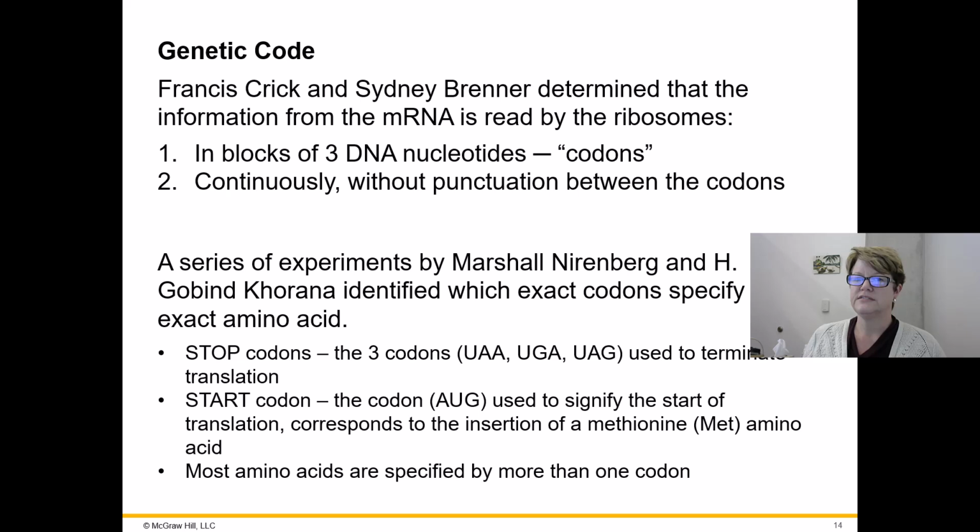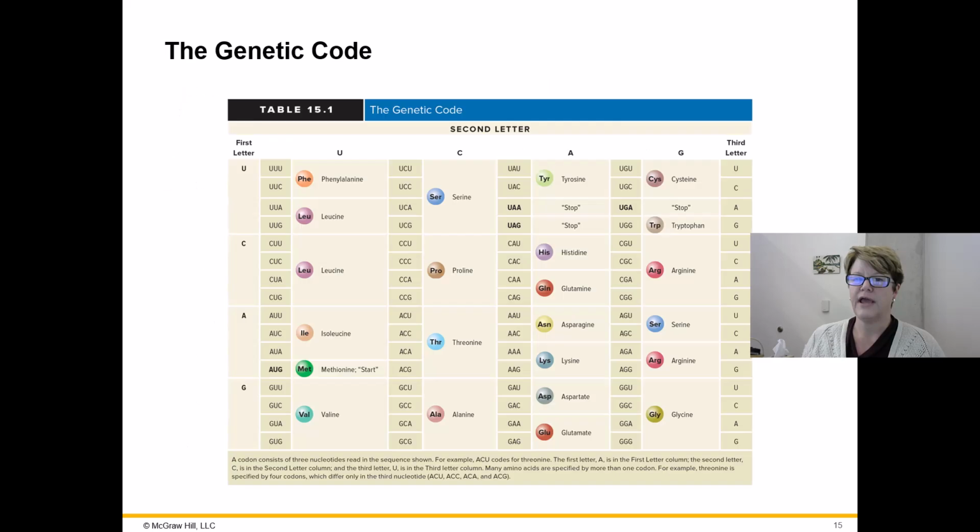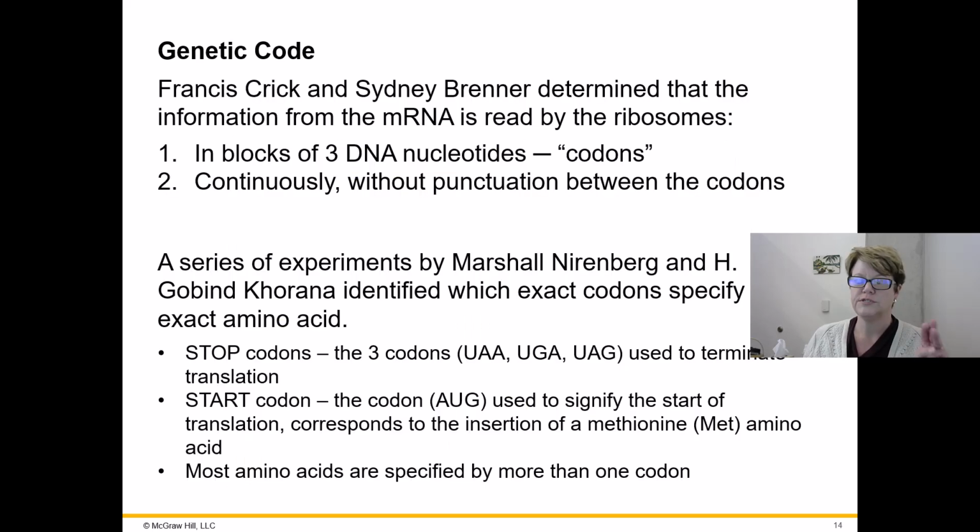The tRNA molecule is the go-between that connects the correct amino acid and brings it into the ribosome with the correct codon. Some other scientists, Nirenberg and Khorana, figured out which codons, which 3 nucleotides in the mRNA, indicate which amino acid to be brought in by the tRNA.